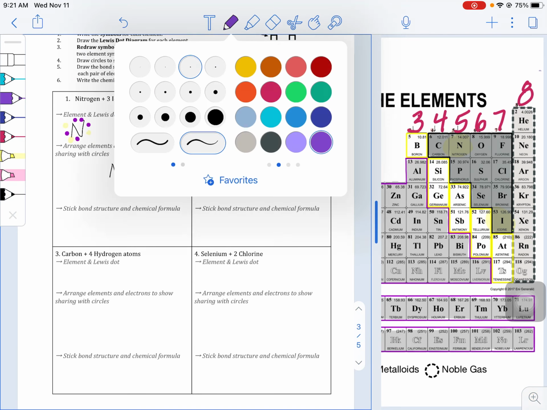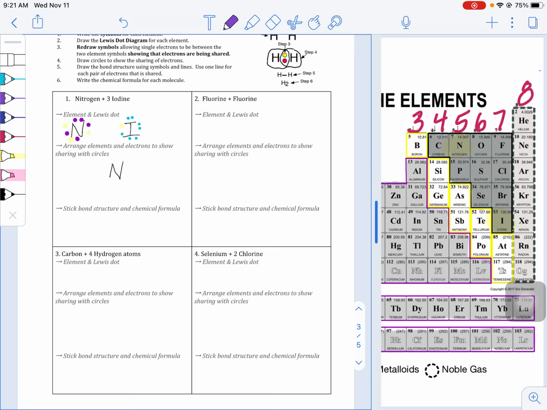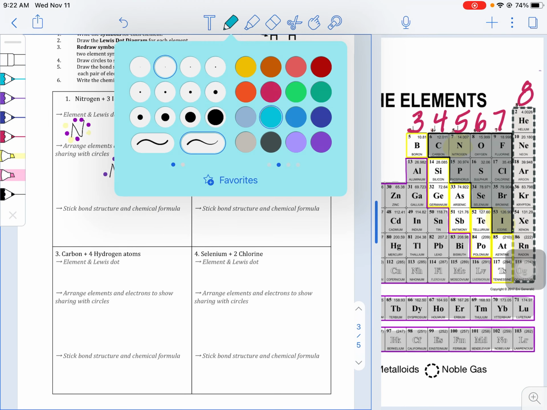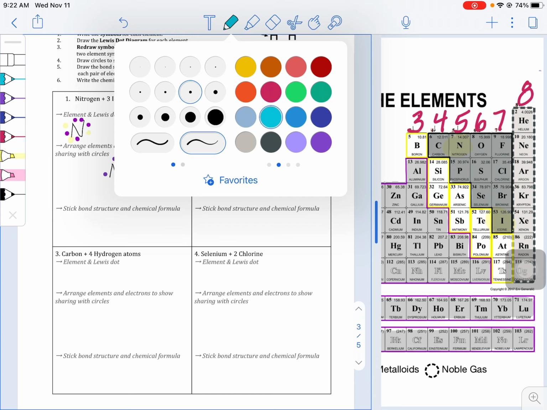We think about these, remember, as being like a puzzle piece. So I need to fit in an iodine in this missing pair, in this missing pair, and in this missing pair. So I'm going to set it up with an iodine on this side and put in my electrons.